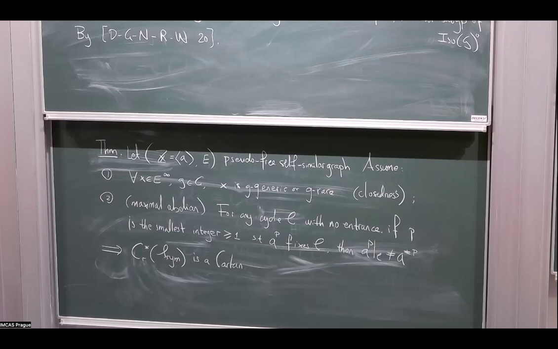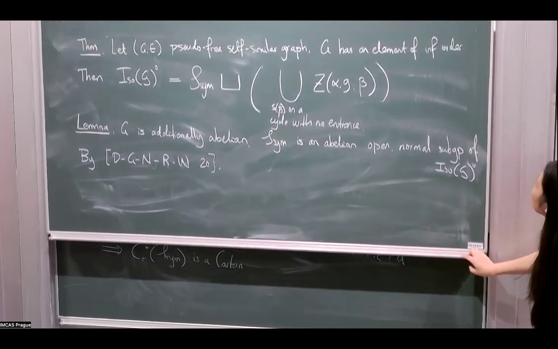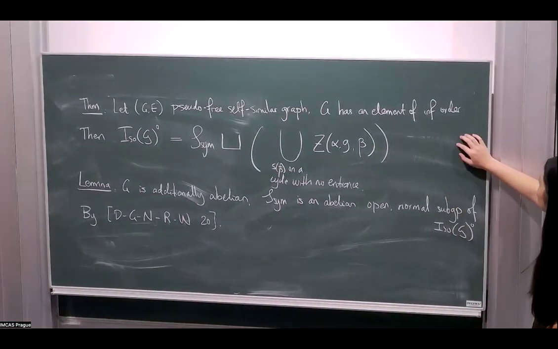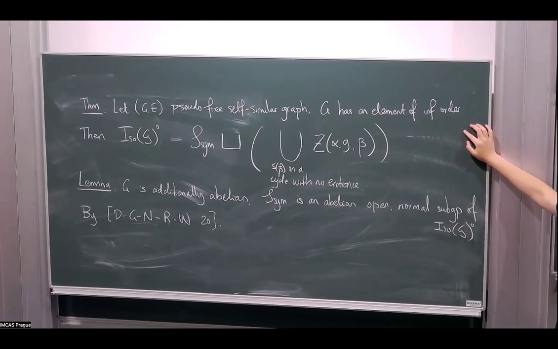Maybe one more quick question. Have you tried generalizing the main theorem to Z^d actions? Well, there might be a problem, because at least part of our argument relies on this condition, that you have an element of infinite order.